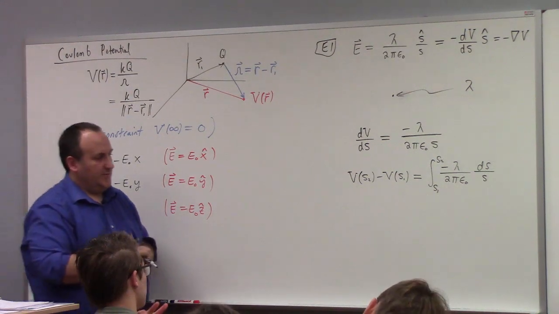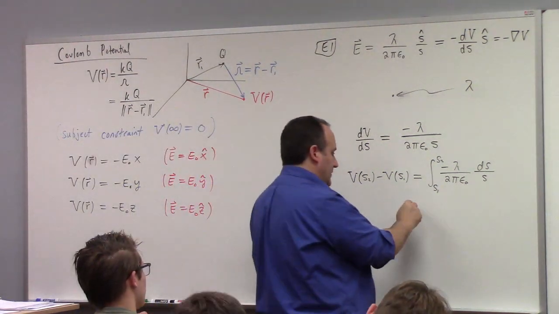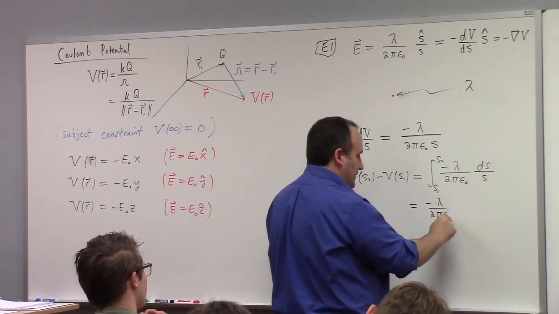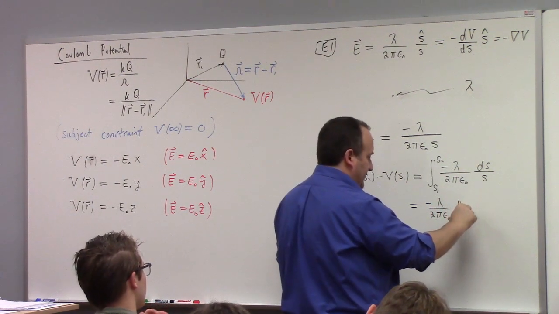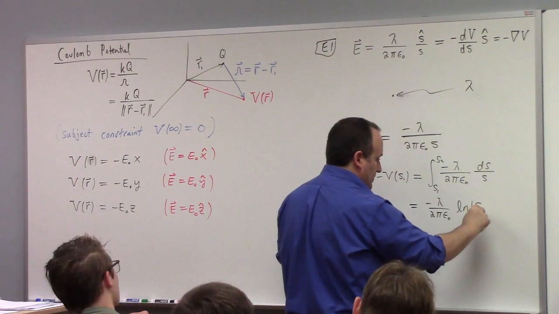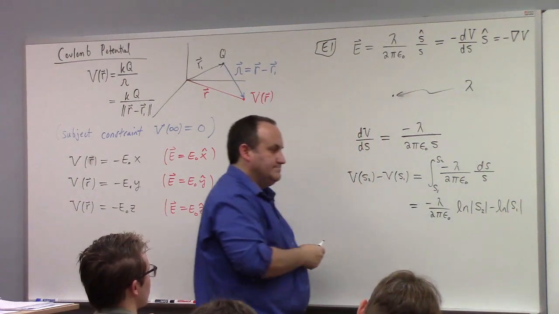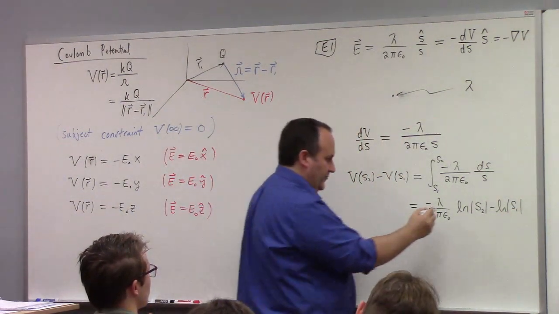I hope you can do this integral. What do you got? We've got a minus lambda over 2 pi epsilon naught times the natural log of the absolute value of S2 minus the natural log of the absolute value of S1. And there's a parentheses here.